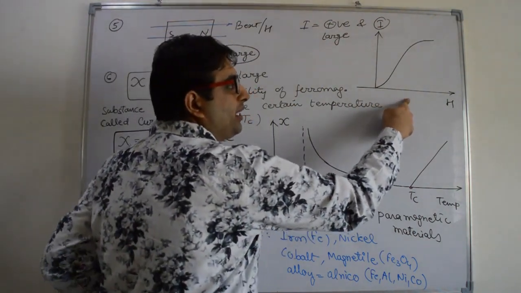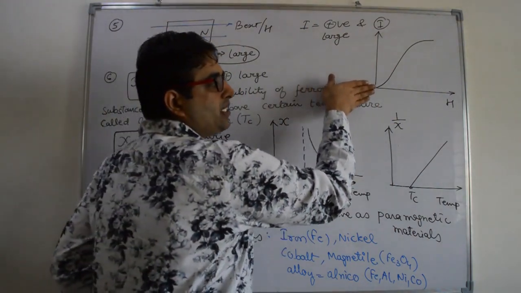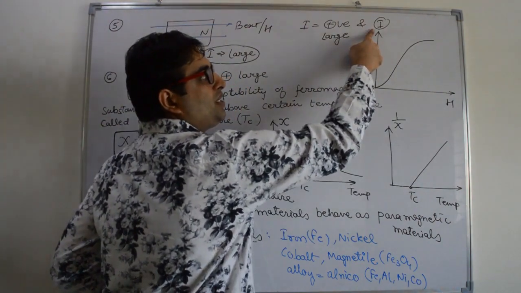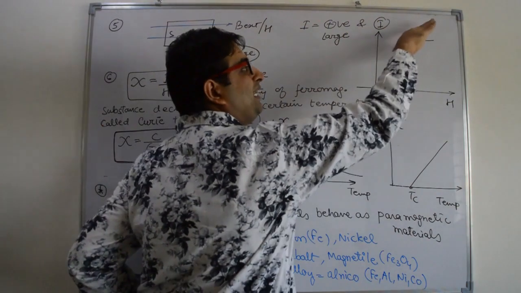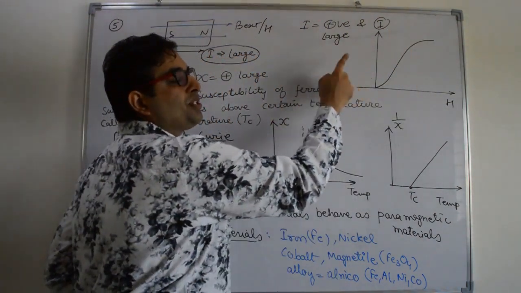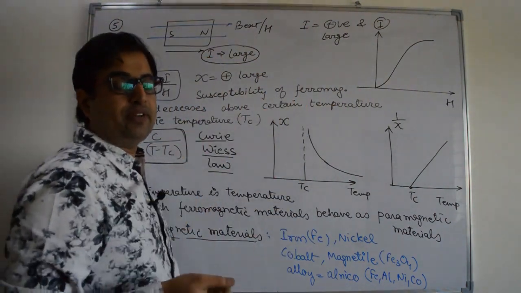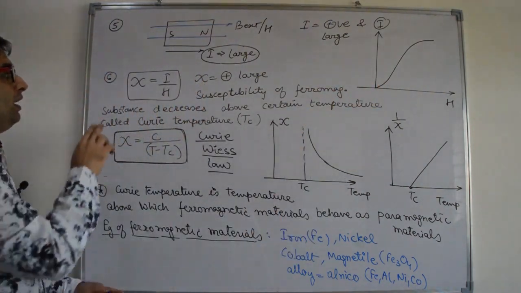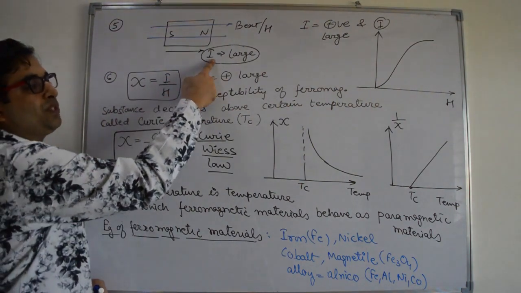You can see in this diagram the relation is not linear here. When we increase the external magnetizing force or magnetic field, the intensity of magnetization inside the material will increase suddenly and become saturated, right? The relation is not linear, whereas in the previous two, diamagnetic and paramagnetic, relation was linear, but here it is non-linear. Sixth point, susceptibility is I by H and value of I is very large.